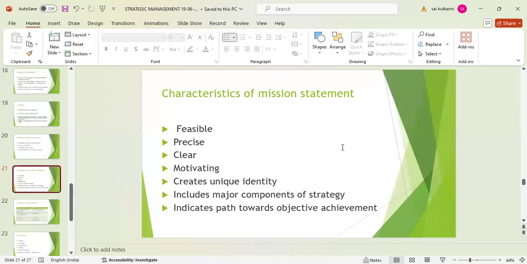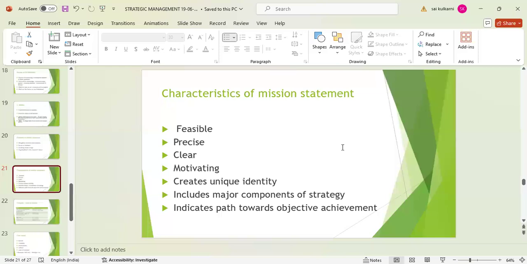Customers can get very neat and clear information about the organization, and it should be motivating so the customer can be attracted, or you can build loyalty between customers also. What should be done in the future by the organization is indicated in the mission statement. So it should be motivating.